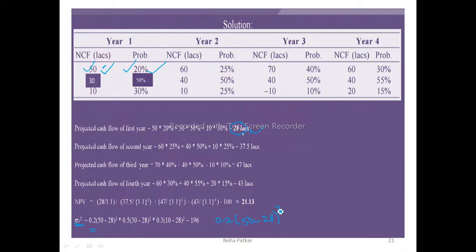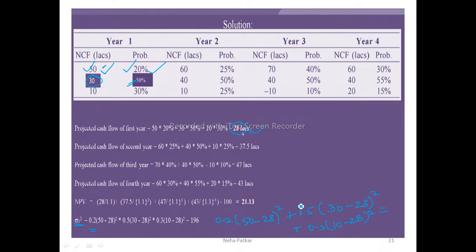Okay, and we will square it, plus the 50% probability, so 0.5, times 30 minus the expected cash flow of 28, squared, plus 30% of 10 lakh minus 28 squared.